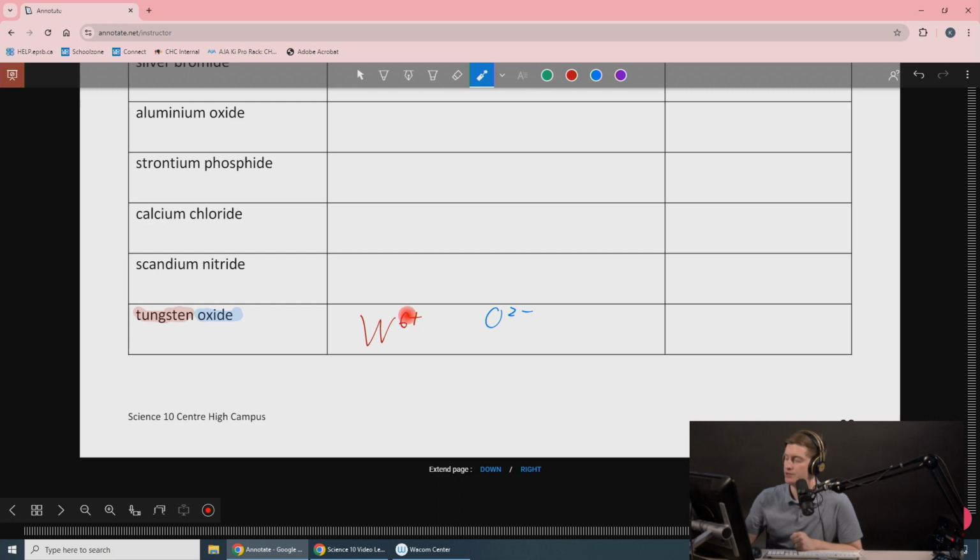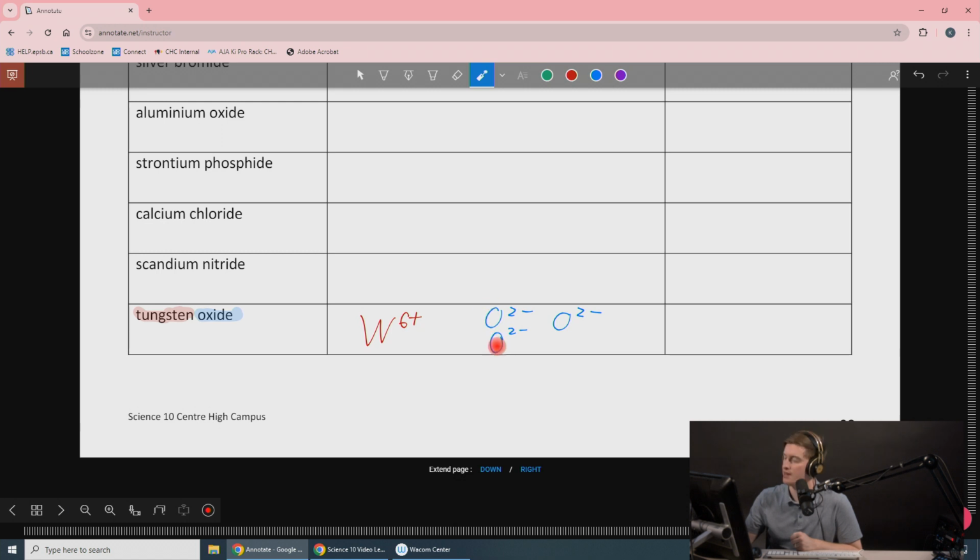You might be tempted to do the little switch thing, but then you'll get something that's not the simplest possible compound. Instead, think about what's the lowest common multiple between 6 and 2. Well, if we multiply 6 by 1, we get a 6 positive charge. And if we multiply 2 by 3, if we have 3 oxides, then we would get a 6 negative charge.